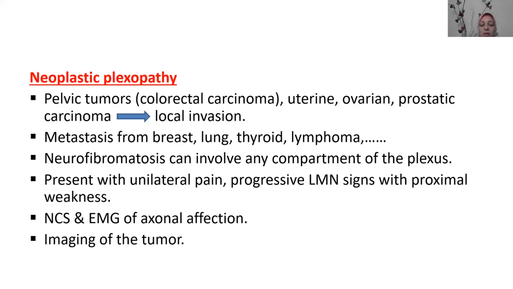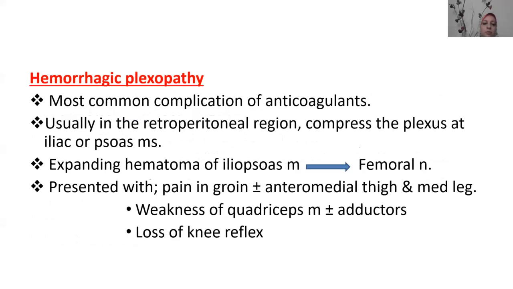The patient presents with unilateral pain with progressive lower motor neuron signs and proximal weakness. Nerve conduction study will show evidence of axonal affection in the form of small amplitude CMAP and SNAP. EMG also will show signs of denervation and re-innervation. Imaging of the tumor will help us in diagnosing such a condition.